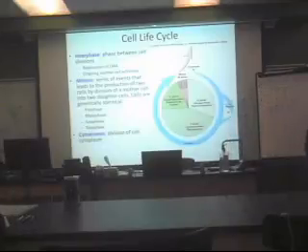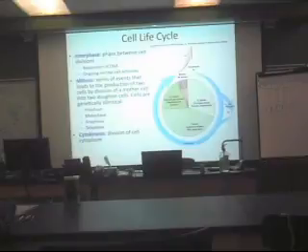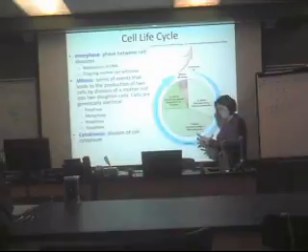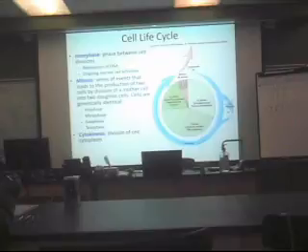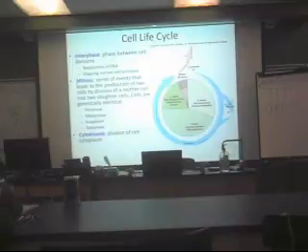So there are going to be lots of things that affect the life cycle of a cell. Now, when I talk about the life cycle of the cell, that means from the time of the cell getting duplicated, or getting created, until it goes through cell division.